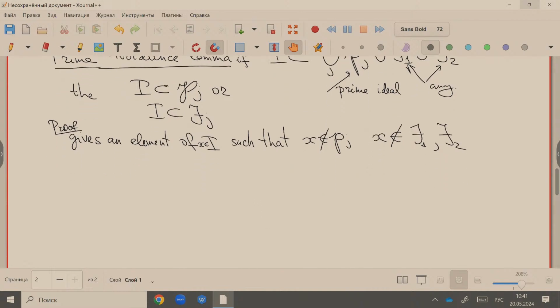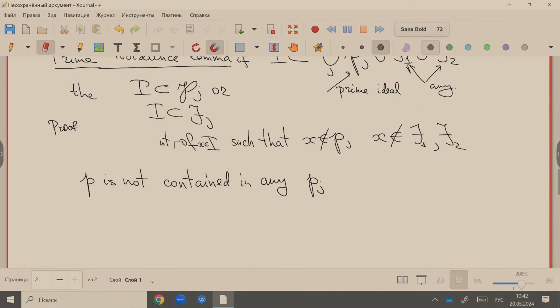You can apply this simply to the collection of ideals. So P is not contained in any Pj.